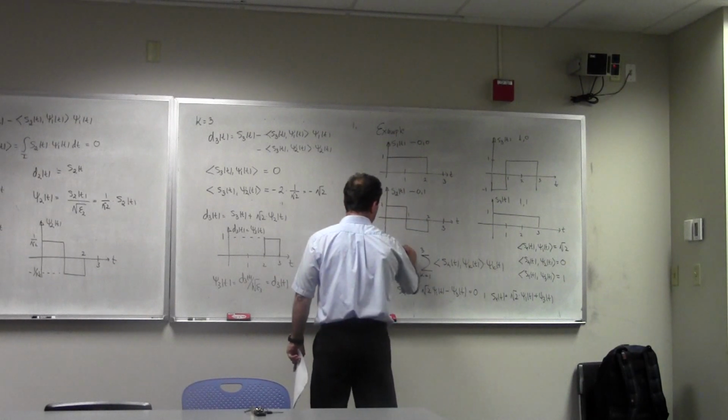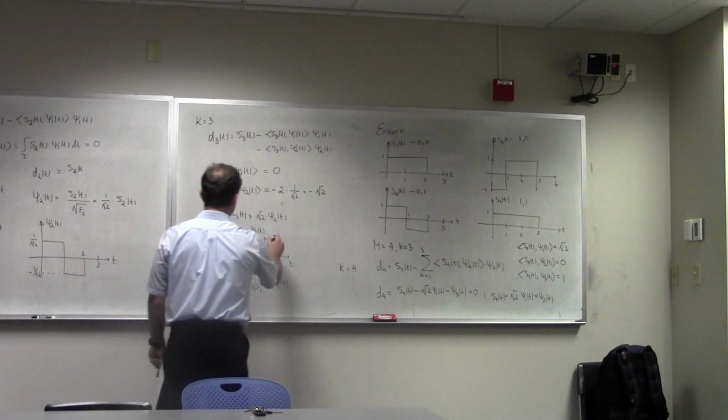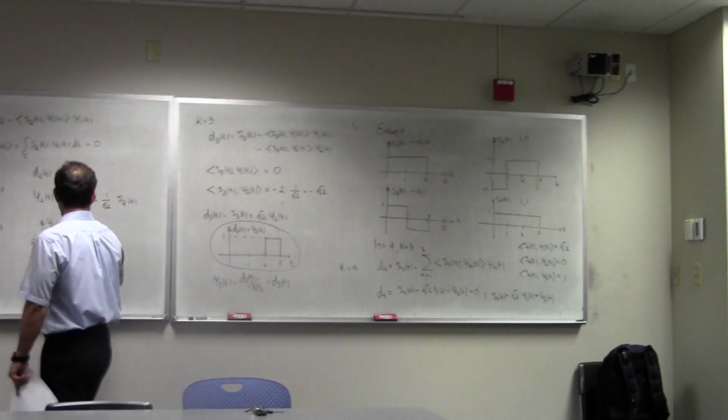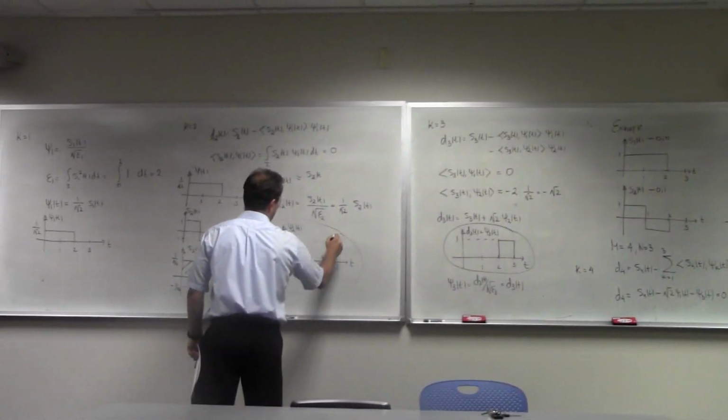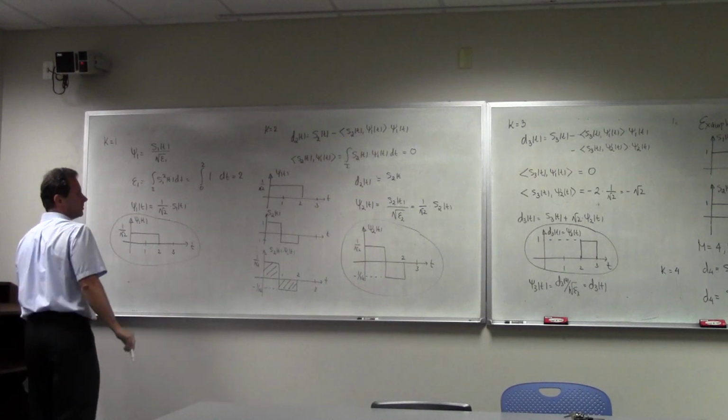So in this case, my M is equal to 4. How large is my N? N is equal to 3. And I have 3 basis signals. This is my third one, this is my second one, and this is the first one.